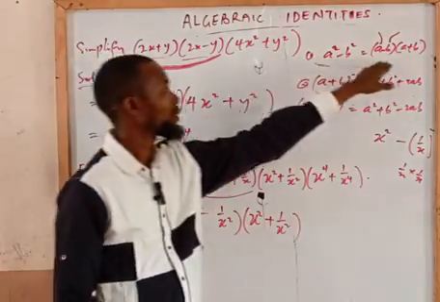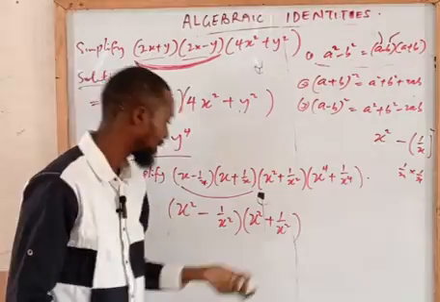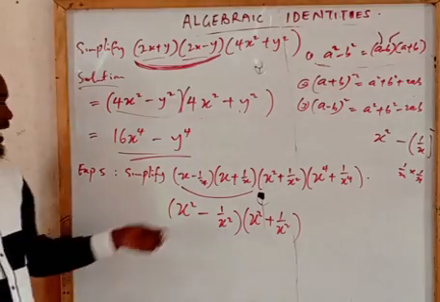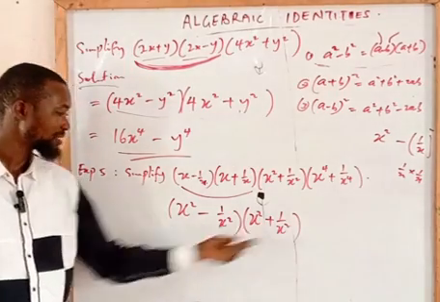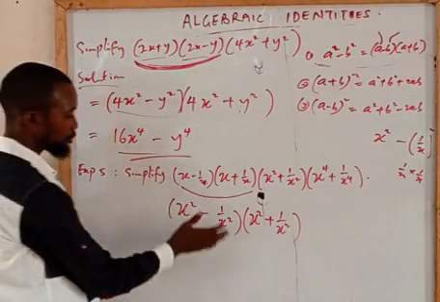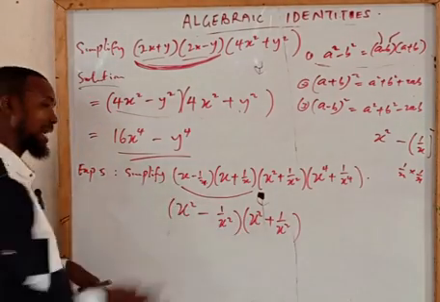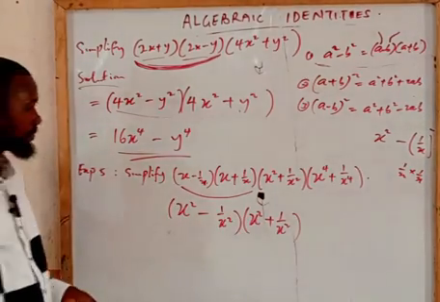Since it follows the pattern of this identity, we want to get the question that was solved to get this result. What I will just do is concentrate on either this bracket or this bracket, pick those values I have there, and square them.